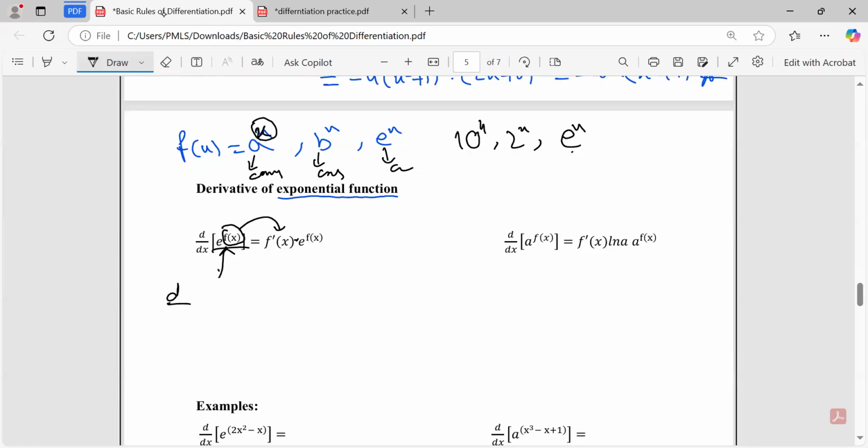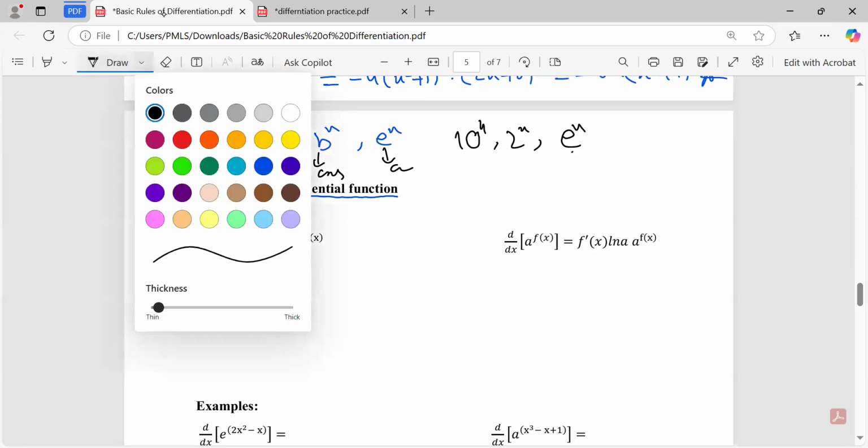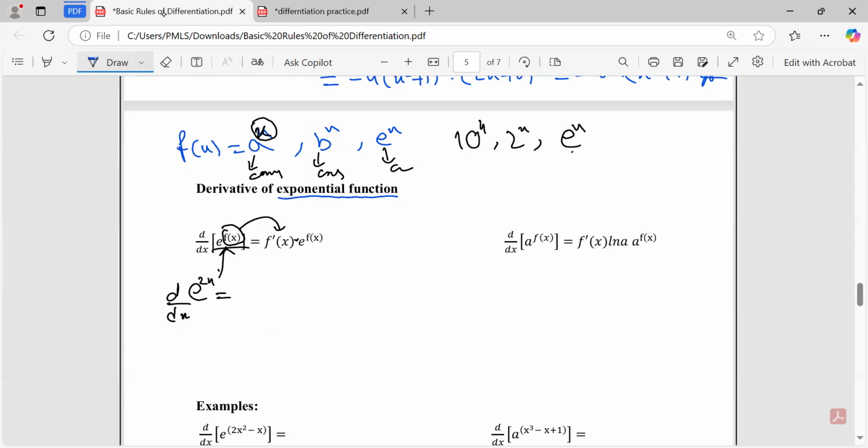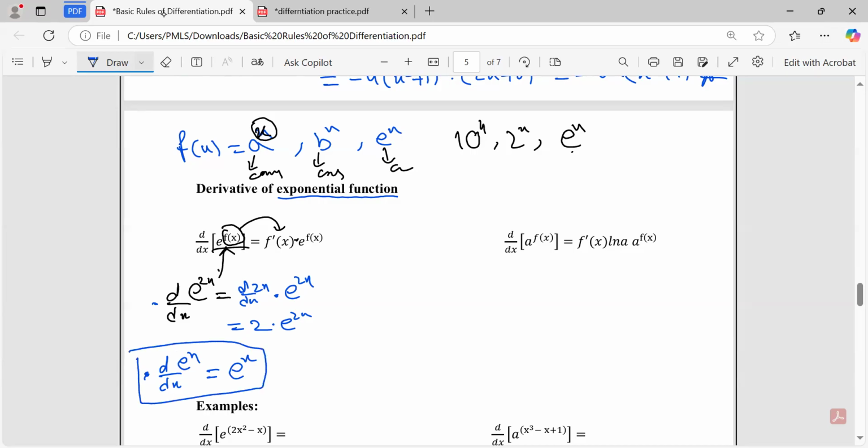For example, to take the derivative of e raised to power 2x, the power here is 2x, so take the derivative of the power 2x, which is 2, and multiply by the function as it is, so it becomes 2 times e raised to power 2x. In the same way, the derivative of e raised to power x is the derivative of the power, which is 1, times e raised to power x. This is very important: this is a function whose derivative is itself.